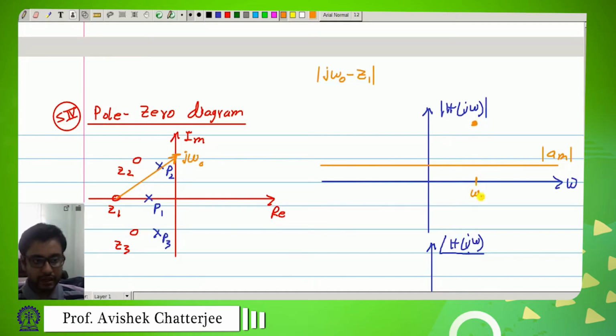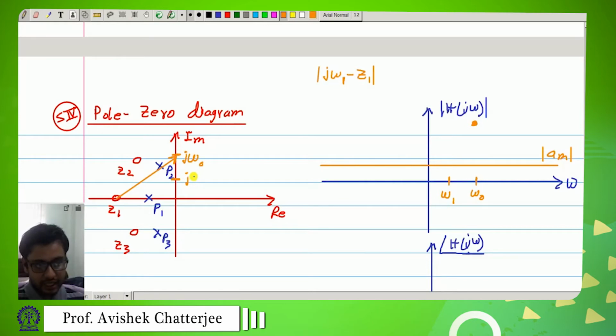Now if you consider some other frequency, say omega 1, and we want to know the magnitude at this point, then we will put omega 1 here, and this point can be found somewhere on the imaginary axis.